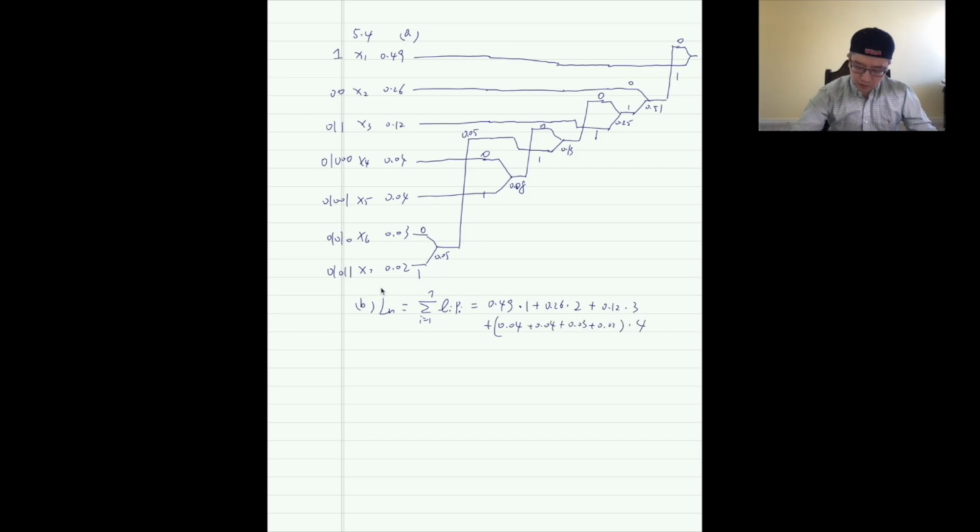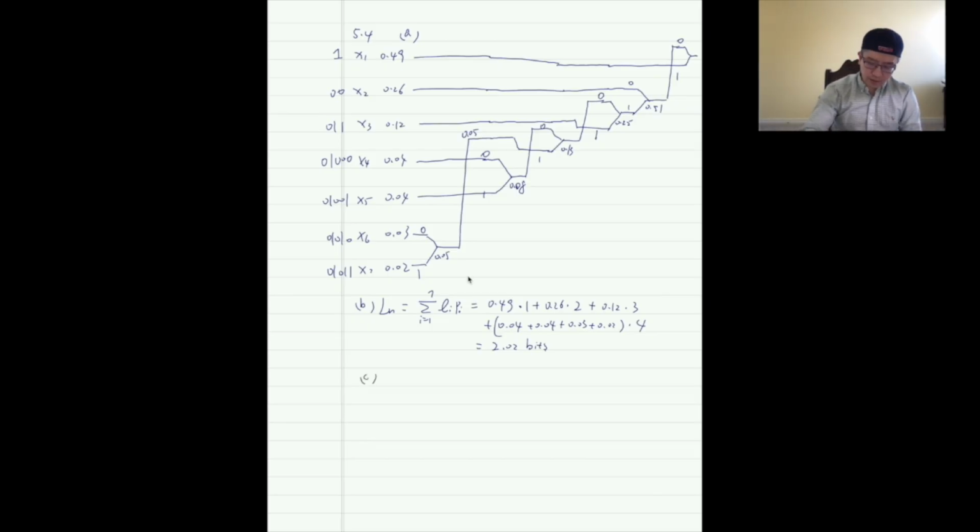If we compute it, we get 2.02. Very good. And the next one, for part C, is to get a ternary code.